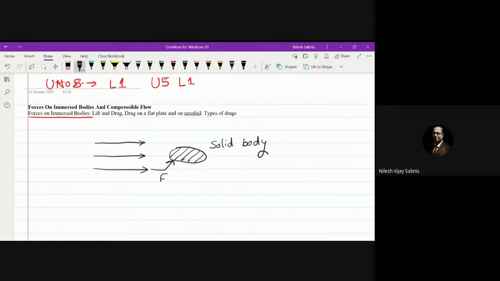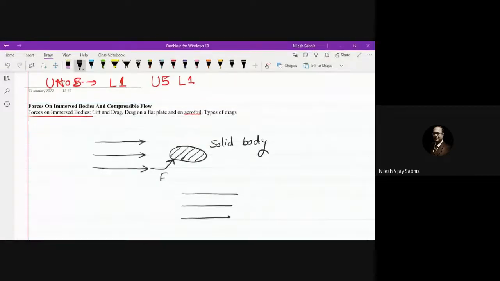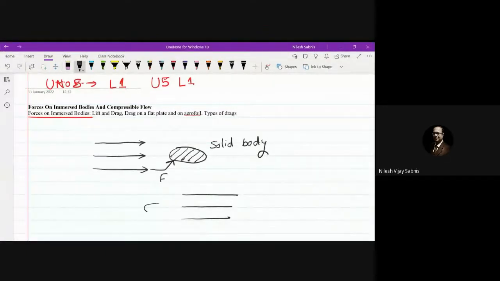But in the other case, suppose the fluid is not moving, it is stationary, and in this stationary fluid a moving solid body is inserted, then force will be exerted by this solid body on the fluid.